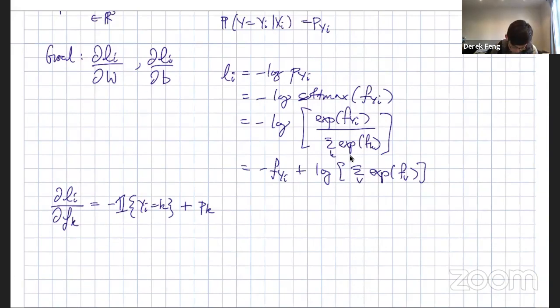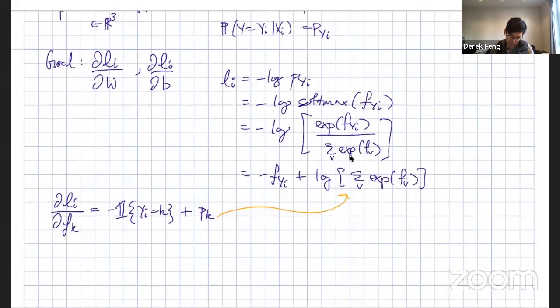You should be able to see that if I take the derivative of this, I get pk. Because if I take the derivative of something with respect to log, the bottom thing becomes the denominator and the top thing I differentiate.